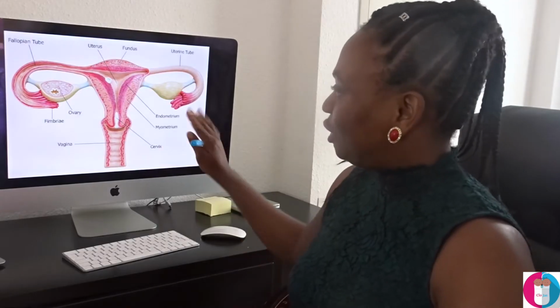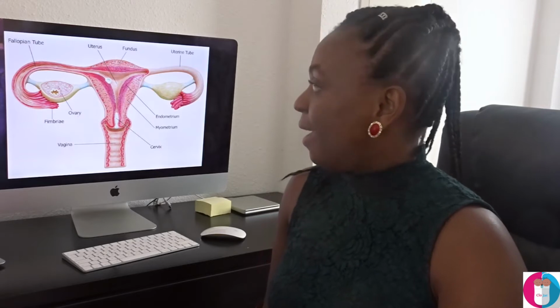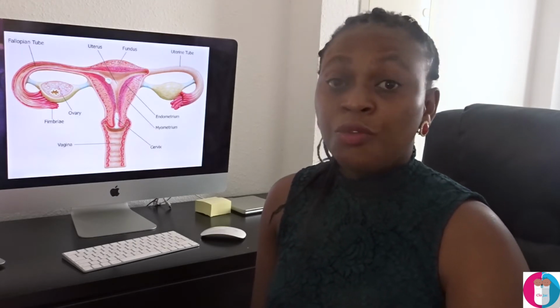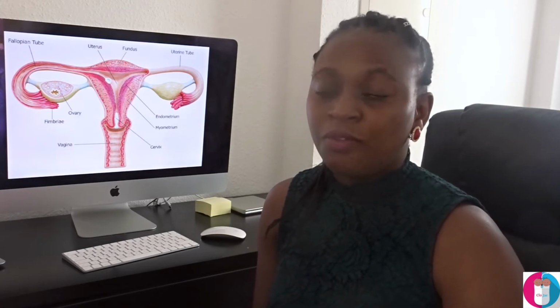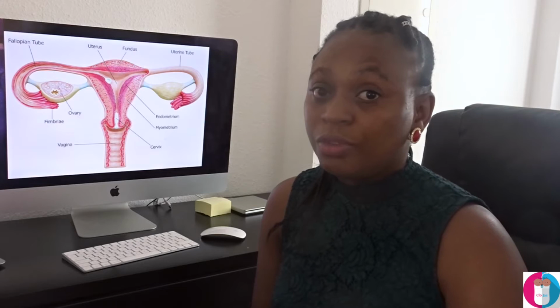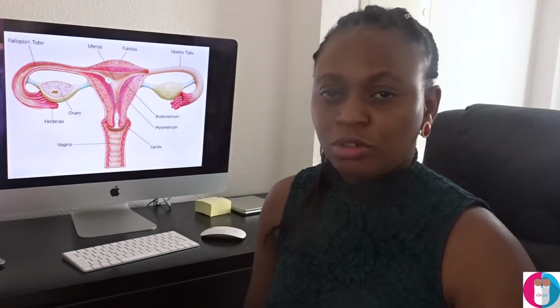This is a picture, a view of how the female reproductive tract looks like, and I am doing this topic today because I posted on my Facebook page and also on my Instagram about ovulation. So I got a lot of questions from women that don't know when they ovulate, and they actually don't know about their body.